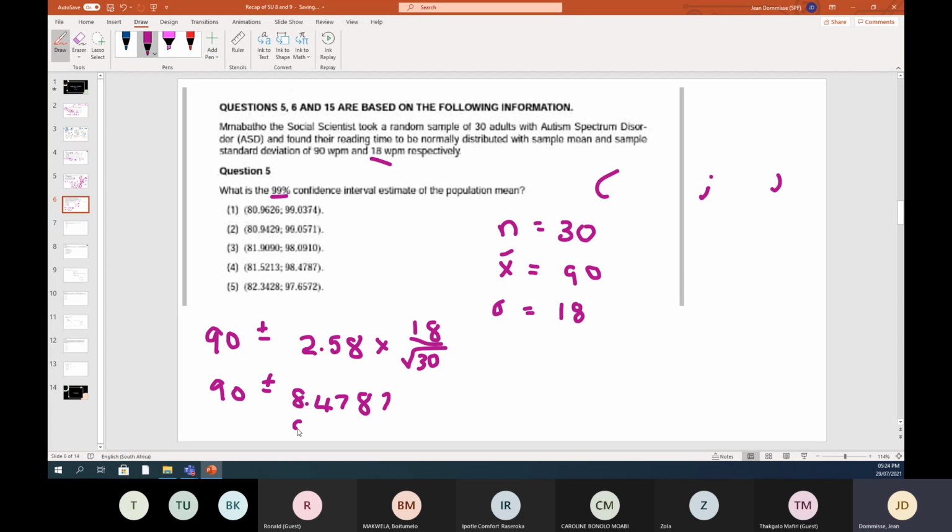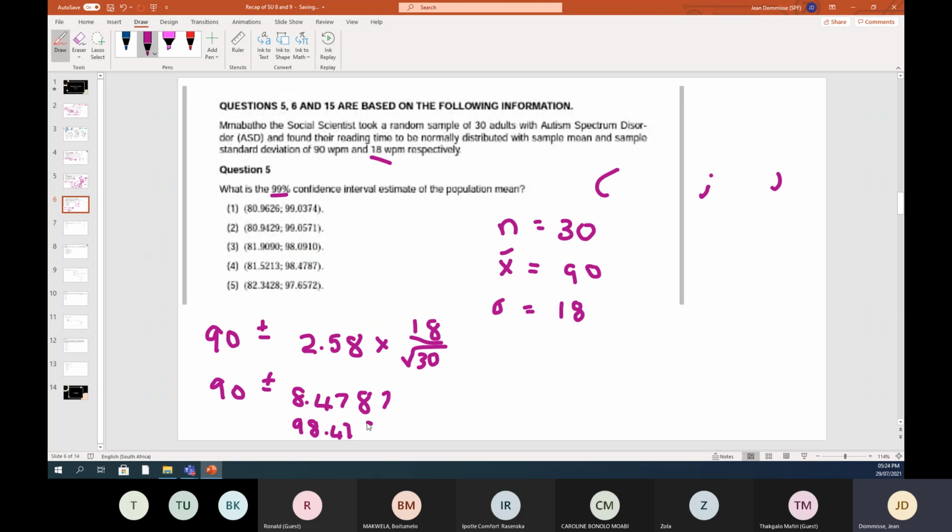So my top one will be 98.4787. That's the easiest one to calculate first. Let's see, not that one, not that one. 98.47, okay. And then the bottom one will be 81.5213 when we say 90 minus that.